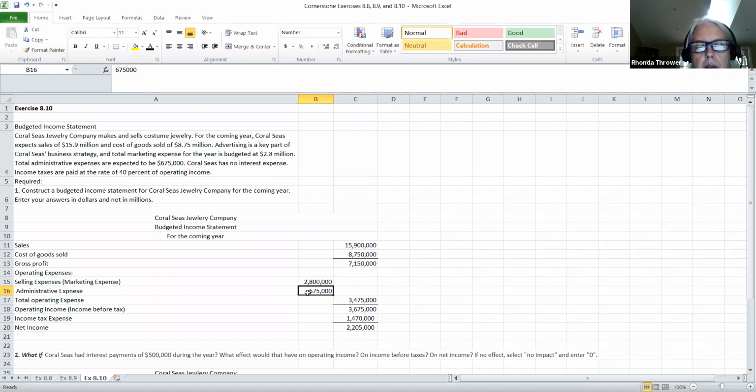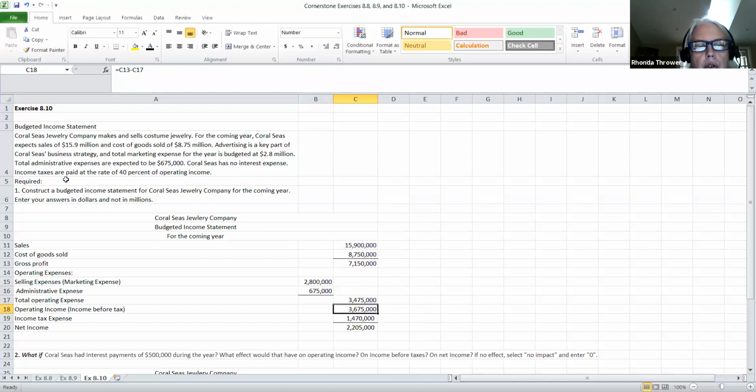The two of these combined are the total operating expenses, and operating expenses will be deducted from the gross profit in order to give you the operating income, which in this case is also your income before income tax.